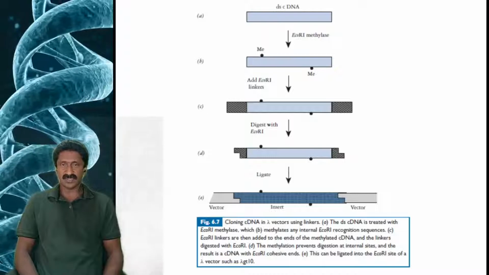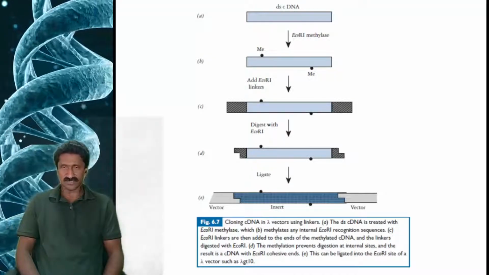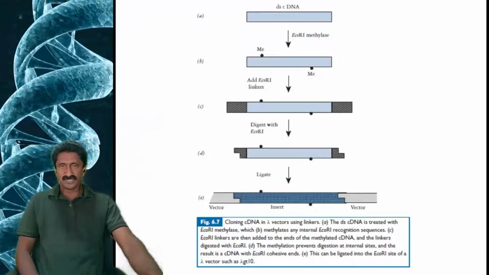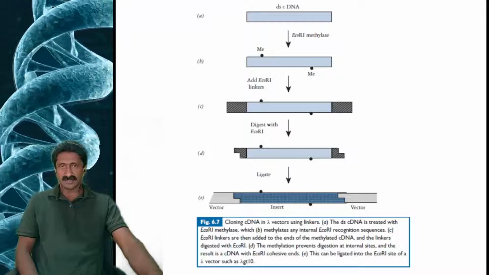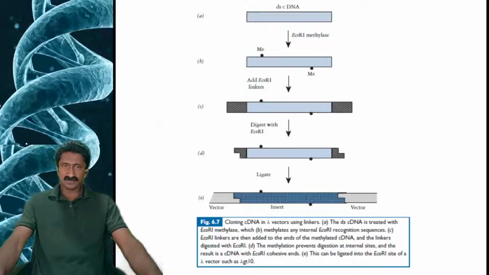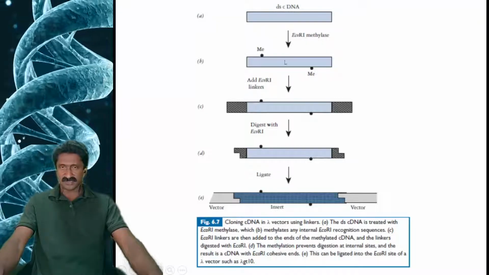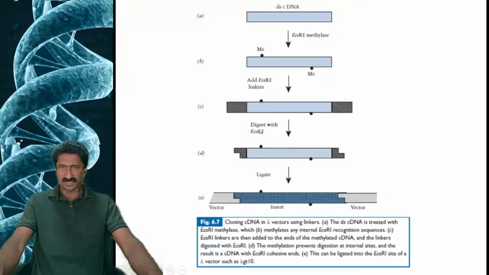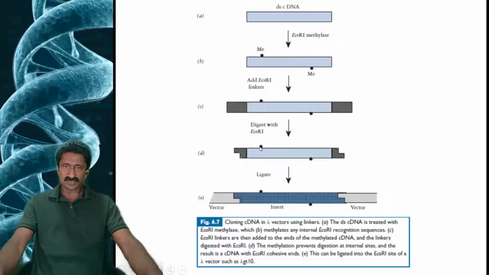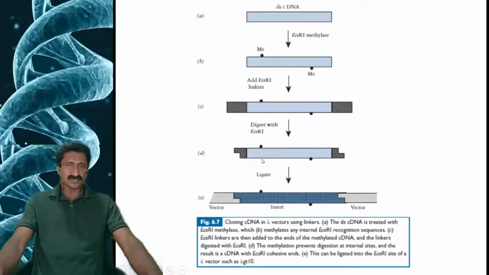Then you are treating it with EcoRI, the restriction enzyme. Initially, you are methylating it, then you are adding the linker, then you are digesting it with EcoRI. So these points are nothing but restriction sites, right?